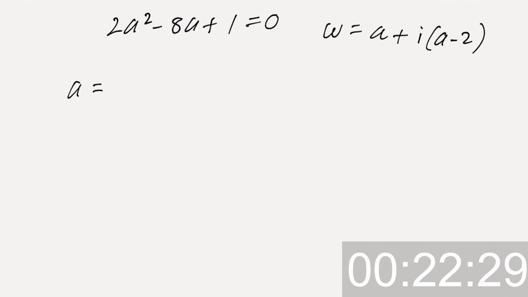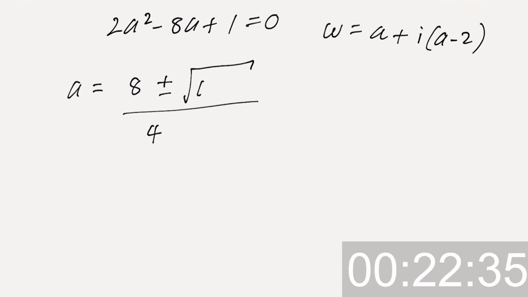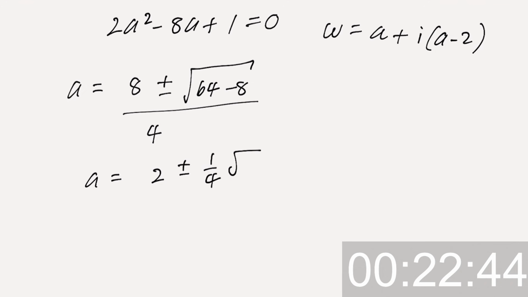Right, so a is minus b, so 8, plus or minus the square root of b squared, 64, minus 4ac, over 4. So a is 2 plus or minus a quarter of root 56.